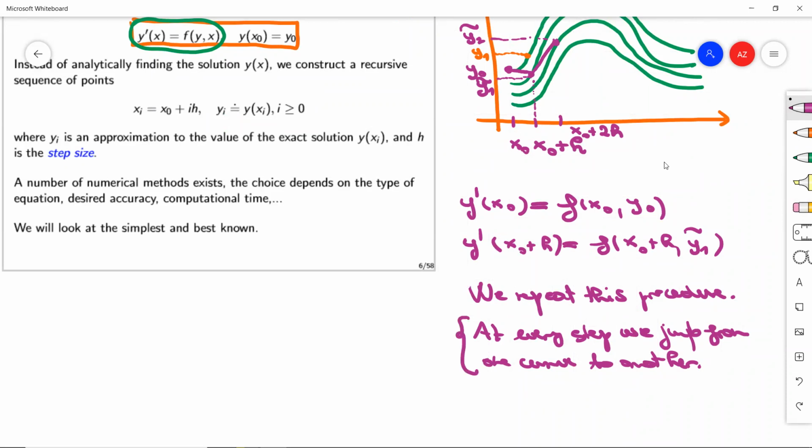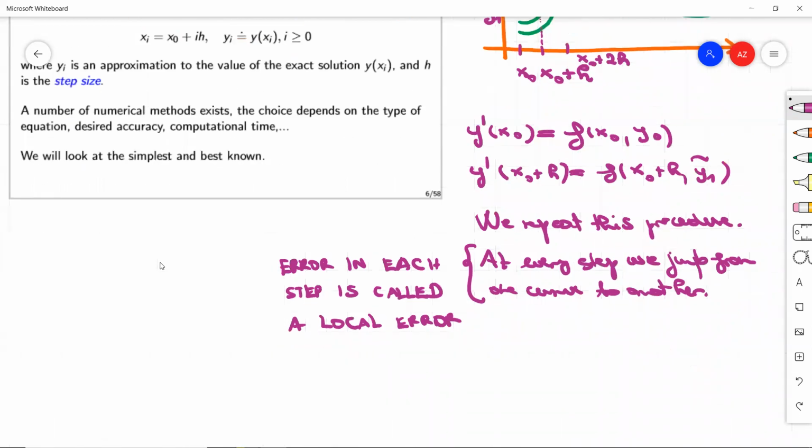This is called the error in each step. It is called a local error. And then when we sum up the local errors in every step, we get a global error.